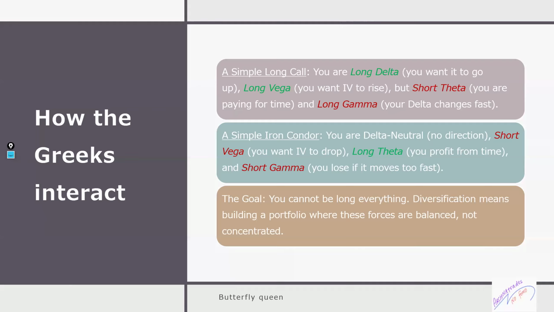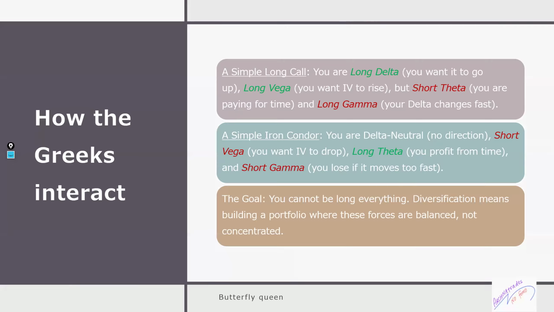What does long gamma mean? It accelerates. If you look at your option chain Greeks and you look at gamma, if you buy a call, it will show plus 0.00578 like that, right?